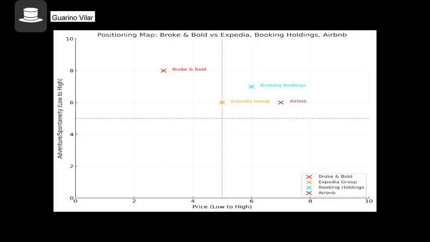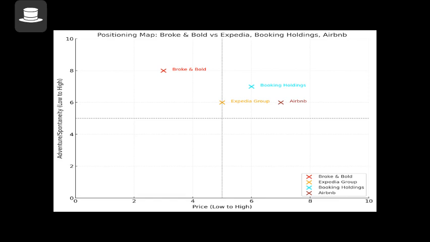So here is our positioning map based on our two key positioning dimensions. We have price as the X axis and adventure as the Y axis. As you can see here, our travel agency Broke and Bold has the lowest price out of any of our competitors, our competitors being Booking Holdings, Expedia Group, and Airbnb.